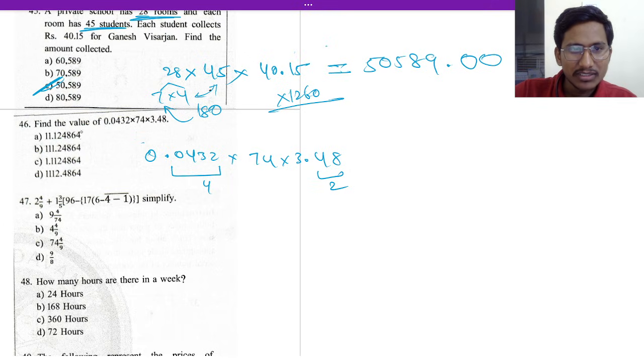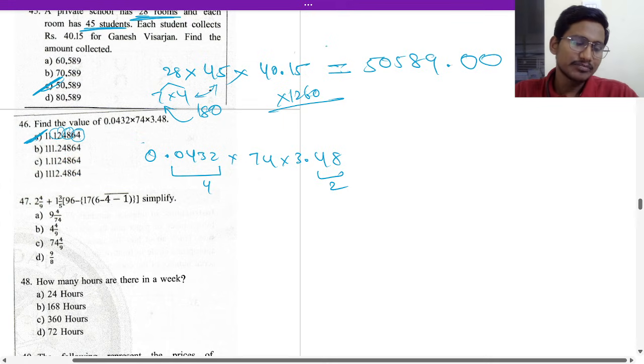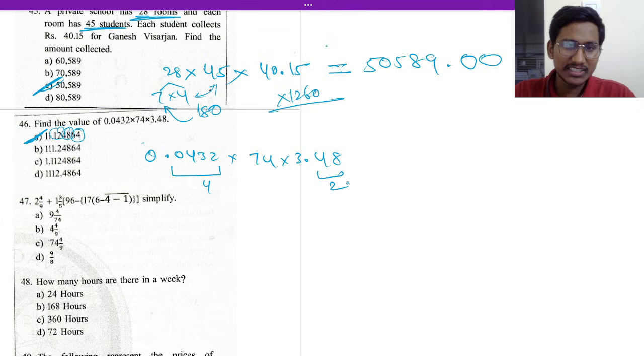Here 2, 4, 6. Here 2, 3, 5, and here also 5 only. Here 4. So maybe the answer is option A, isn't it? There are 4 decimals here, 2 decimals here, so a total of 6 decimals will come.